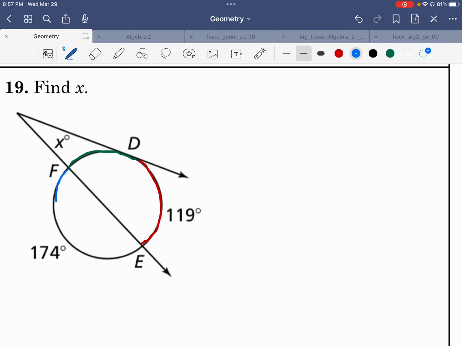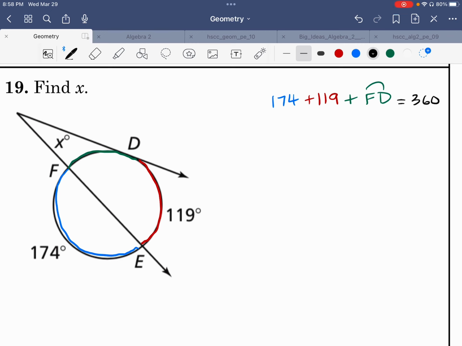And if you remember how circles work, the measure of the entire circle is 360. So if I take the 174, add it to the 119, and then add that to that green guy, FD, I know all of those have to add up to equal 360.